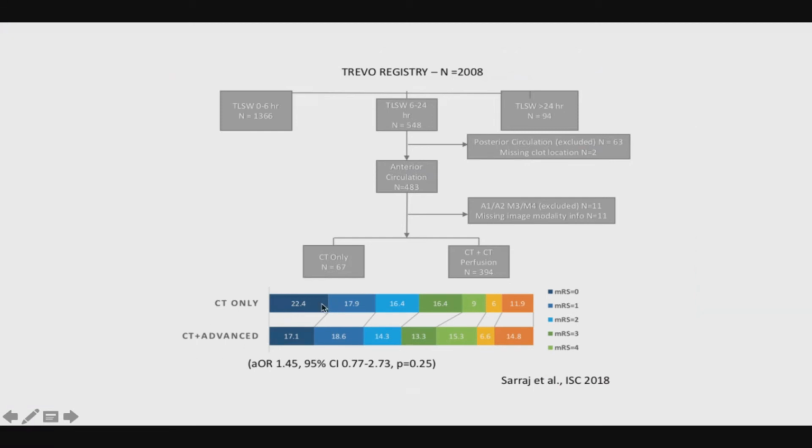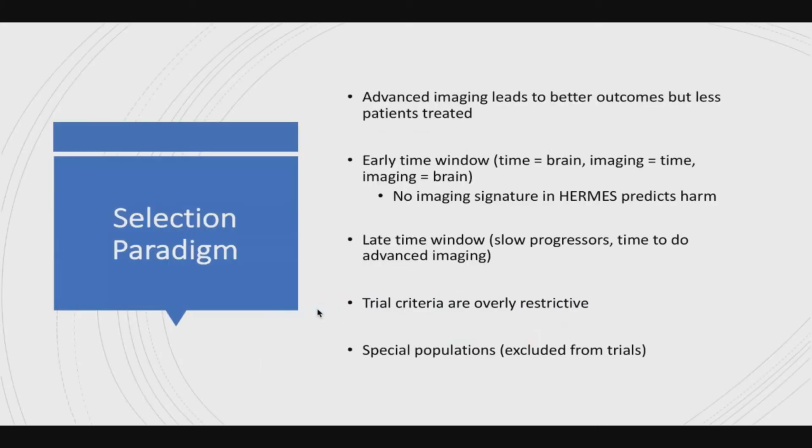The outcomes are comparable between the two, and actually there's a shift to the right side with the CT only, which means there's a trend toward better outcome in that patient group.